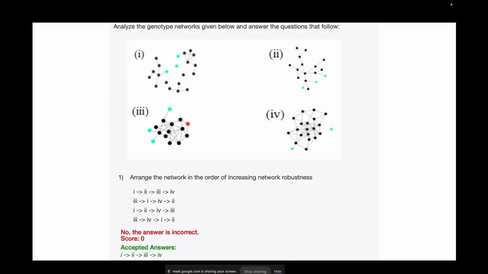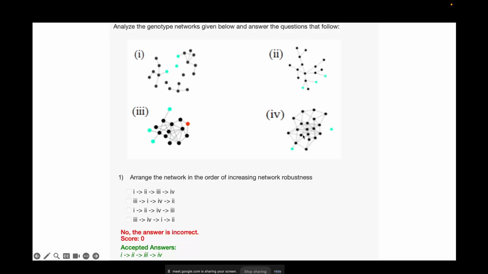In this case, the fourth network, if you notice, has a disconnected node here, and it is also very highly connected. The idea is that it is the most robust, but there is little option for new variations as well.